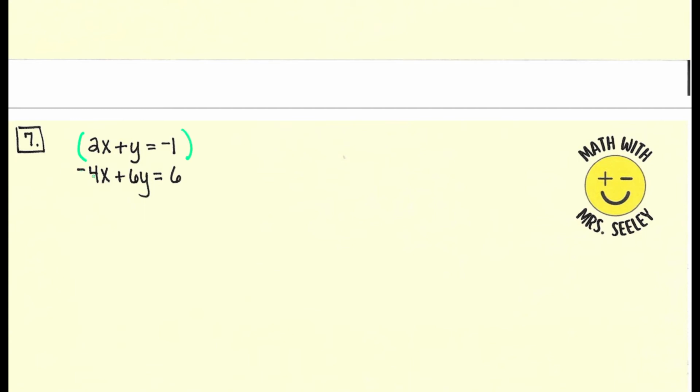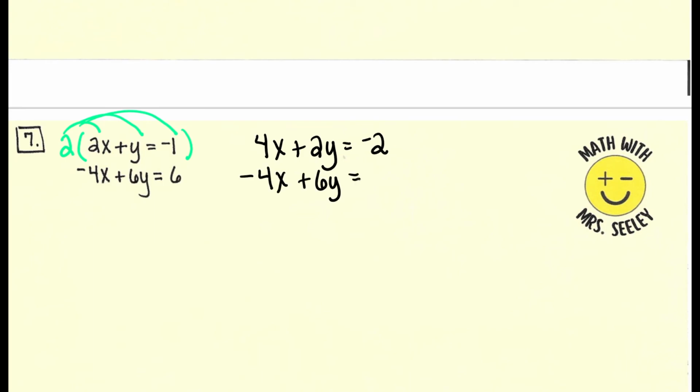So if that's a negative 4, I need for this to be a positive 4, which it will if I multiply by 2. So that top equation becomes 4x plus 2y equals negative 2. The bottom equation, just bring that on over, and you have negative 4x plus 6y is equal to 6.